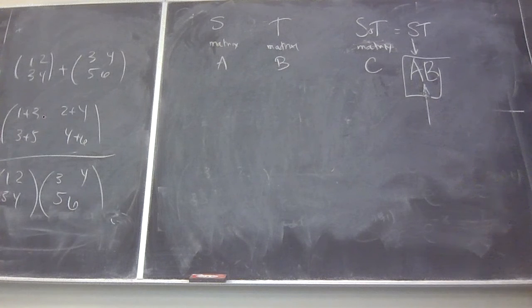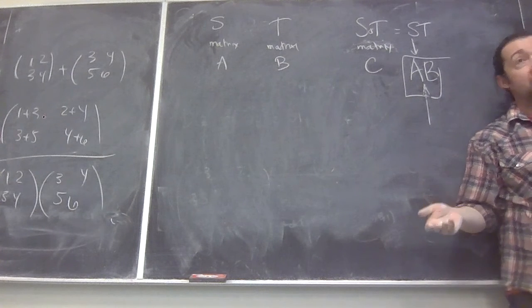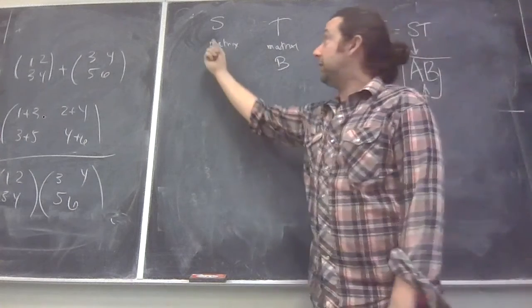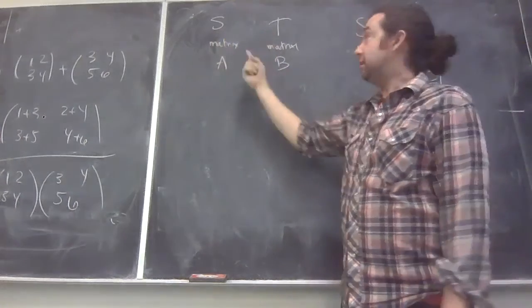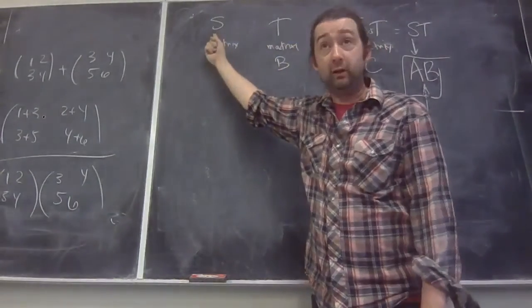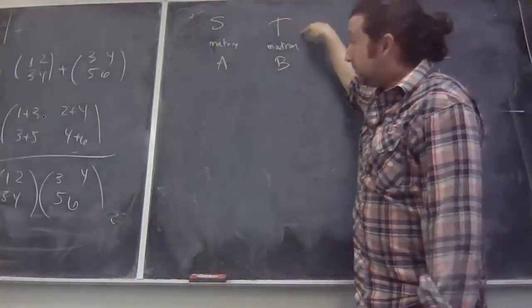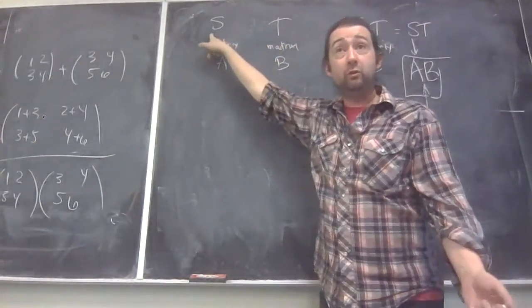And now, why do matrices get to be multiplied at different sizes? Because the output of this matrix has to match the input of this one for the operation to make sense, right? Whatever T is doing, it better be spitting out vectors that S knows what to do with.